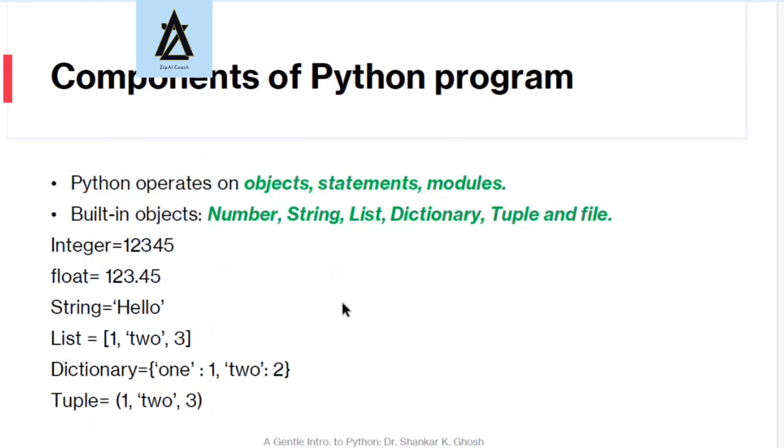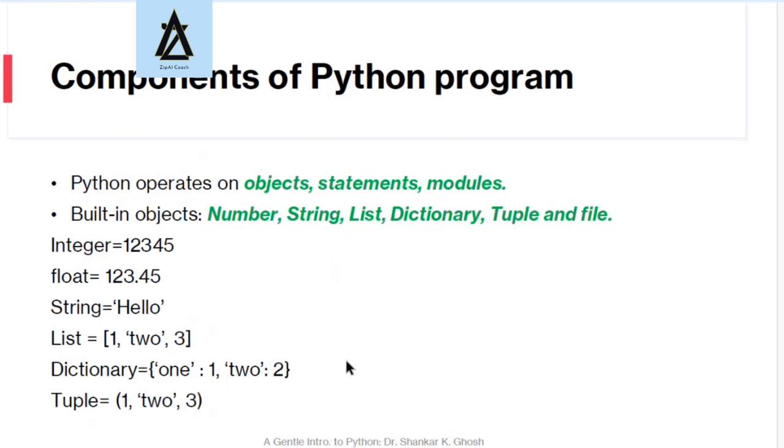Then string is basically a sequence of characters. Then it is list. This list is a little different from the list that we know from C programming, because it can contain heterogeneous elements.